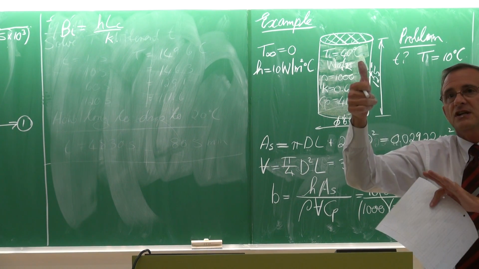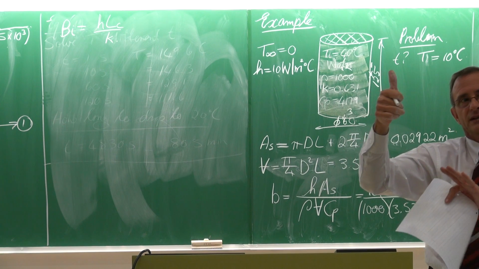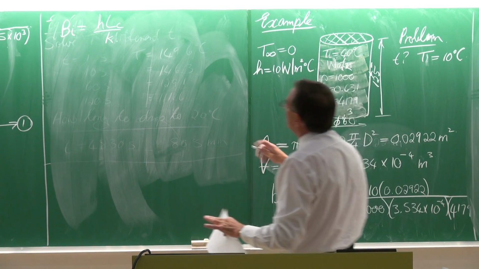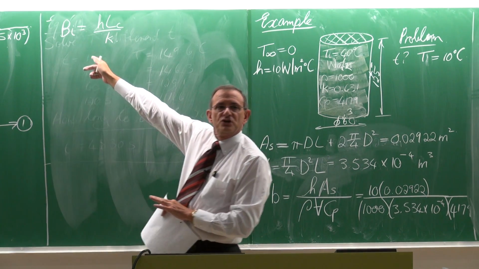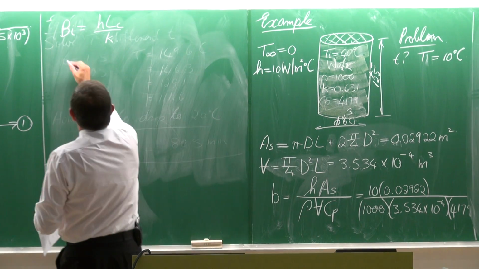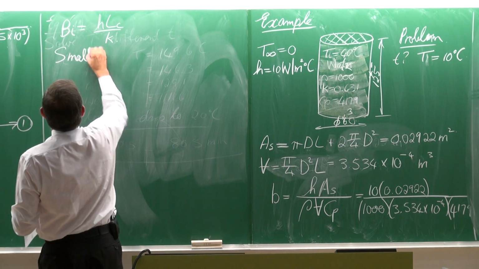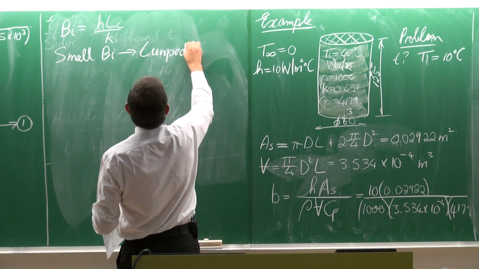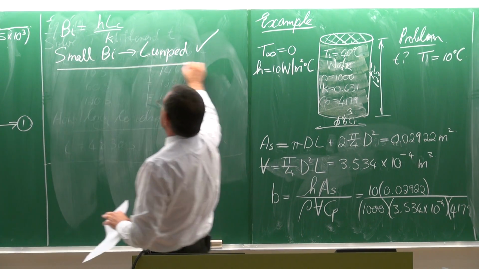And 10 is a thumb suck. But in general, it means that the smaller the Biot number, the better the lumped system will work. Small Biot means lumped system is great. It will work. That is what it means.